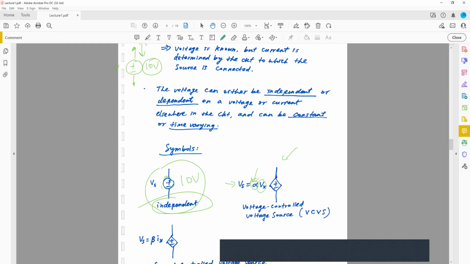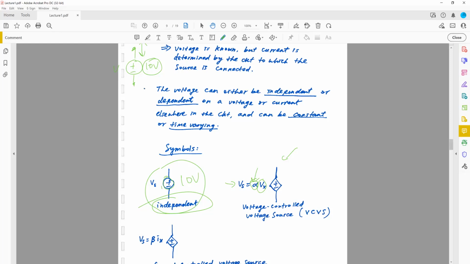You can think of this alpha as some scaling factor. Later on when we do circuit analysis, this alpha is going to be some numerical number, for example 0.5, 2, 3, 10, whatever. Some scaling constant, alpha, which is used to denote this scaling.